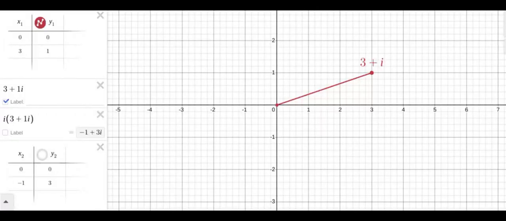Okay, so this is the real number line, the imaginary number line, and I've plotted a line segment vector, whatever you want to call it, which is 3 plus 1I. Now, I'm going to hit that from the left with another I. All right, what's going to happen?